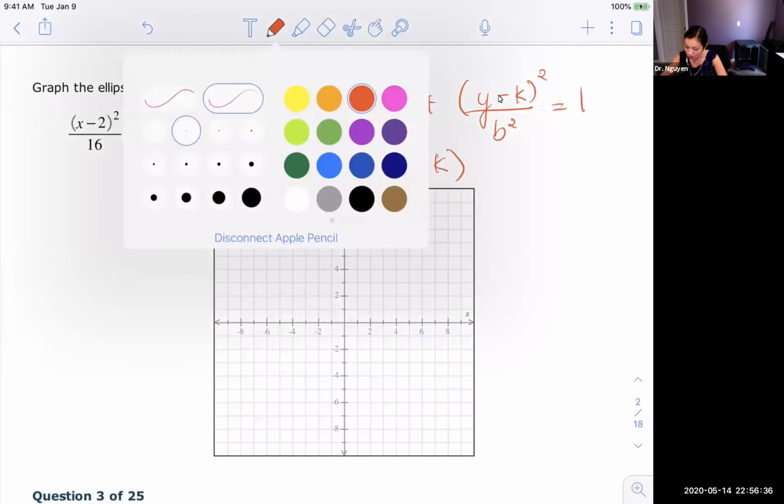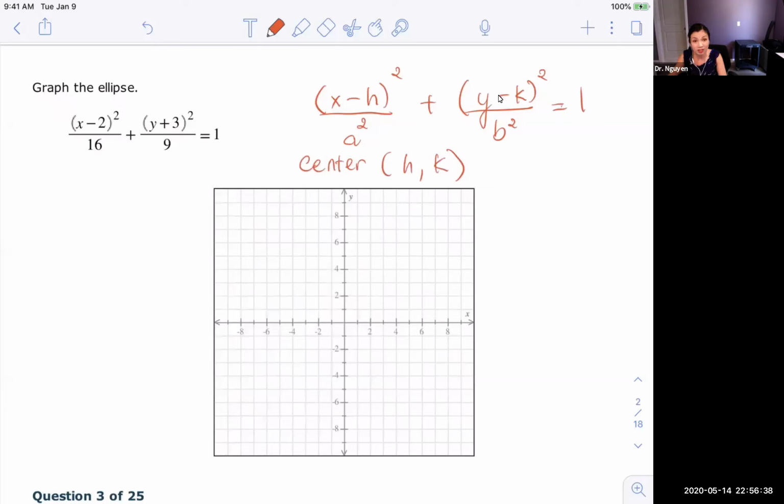Okay, so this problem right here is really easy because it's in standard form already. So you can tell that the vertex, the center, not the vertex, the center, I'm thinking parabola, that's why.